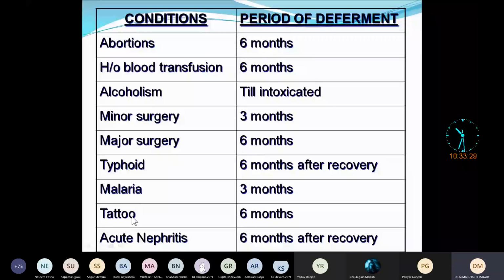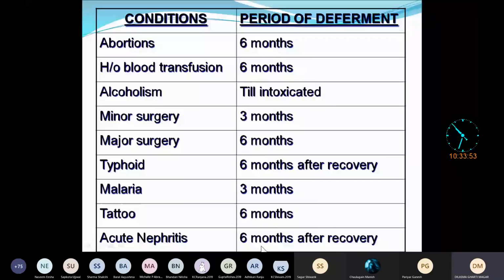So tattoo, 6 months we will not take the blood. Understood here? In case of acute nephritis, 6 months after recovery. By this time you must be knowing that kidney is related to RBC production, isn't it? So in case of acute nephritis, we will not take blood for 6 months after recovery.